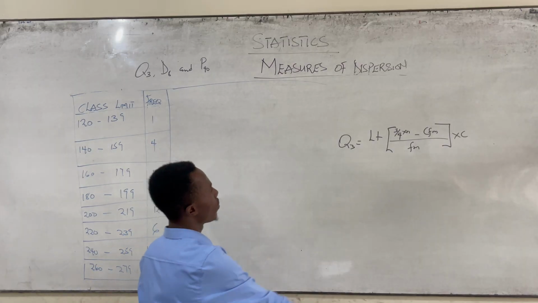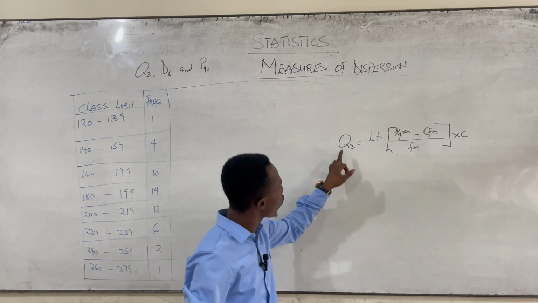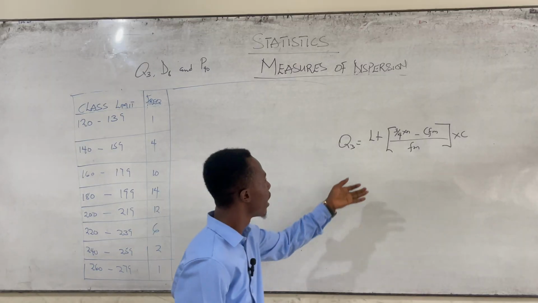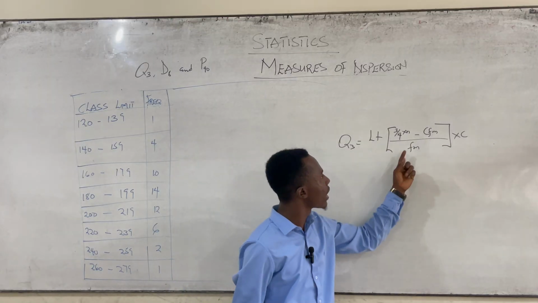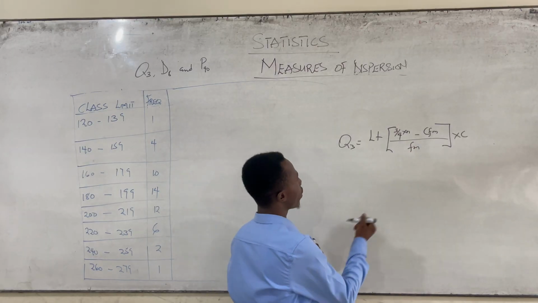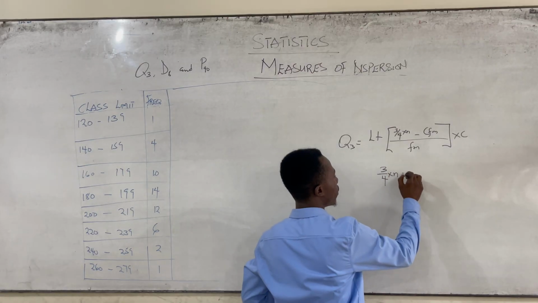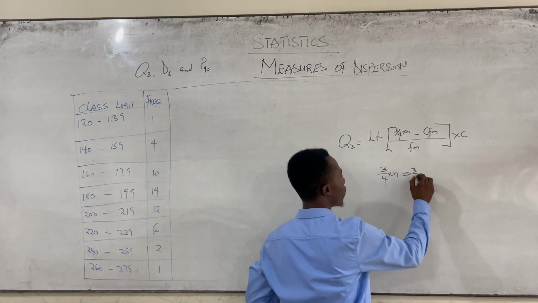Okay, so now this L represents the lower class boundary of the third quartile class. Do you get it? And before you locate the class, you first have to solve for this, right? So we are first going to calculate our 3/4 times n.